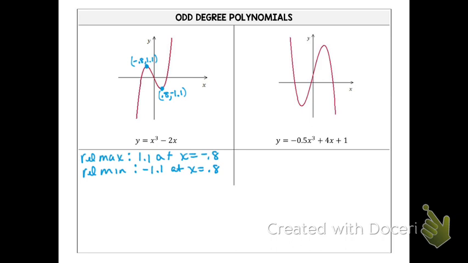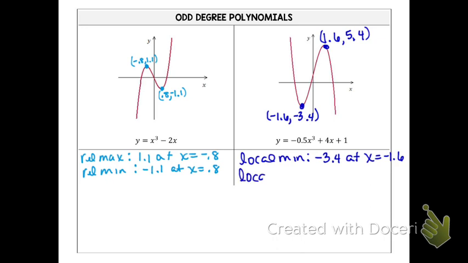And then the last one here, we can find our maximum and our minimum values. All right, my graph does keep going up and it keeps going down, so there are no global or absolute extrema, but I do have a local minimum of negative 3.4, and that's at x equals negative 1.6.